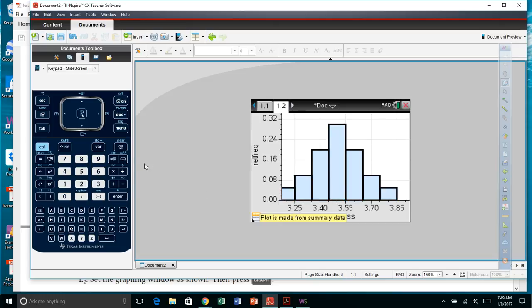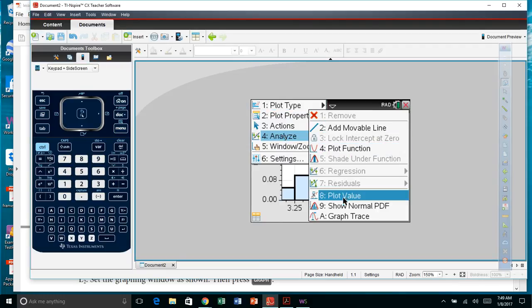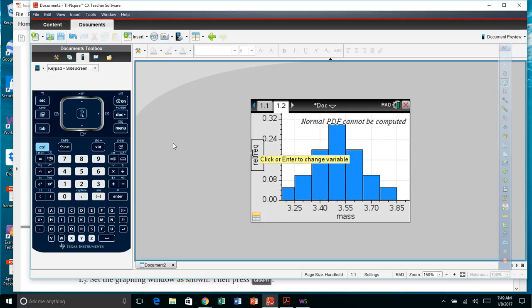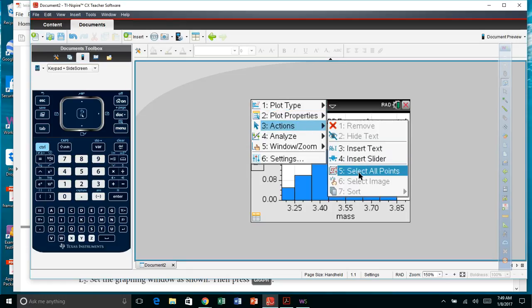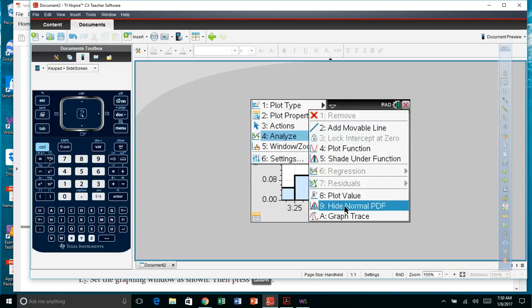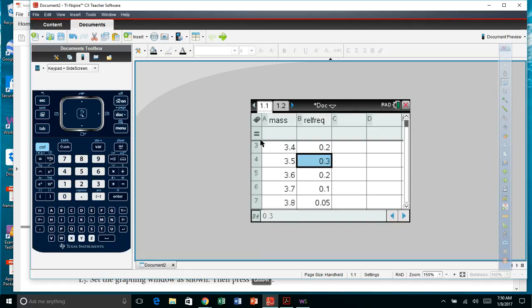All right, now that we've selected all points, menu 4, 9, it still can't be computed. I'm not understanding that. Menu 3, 5, menu 4, 9. Okay. Well, let's go back to our table here. And let's just put in frequency here.